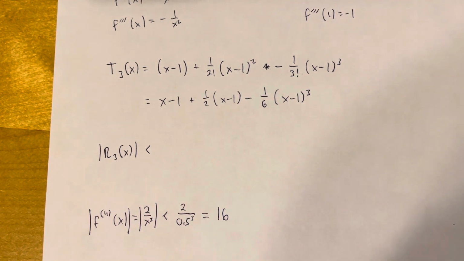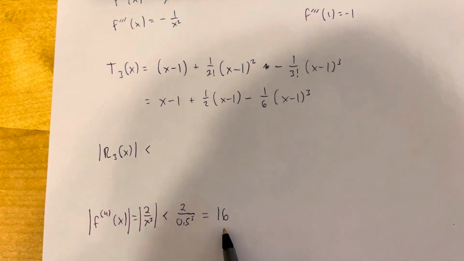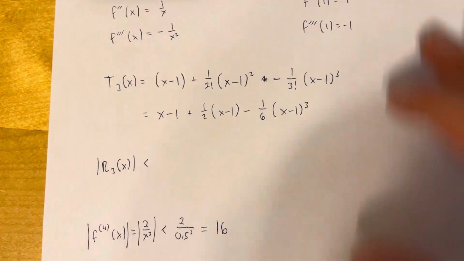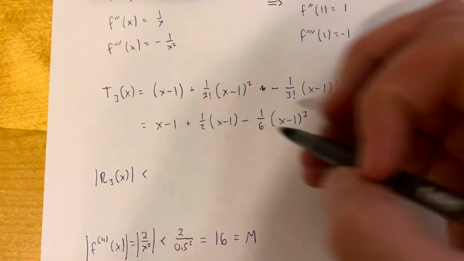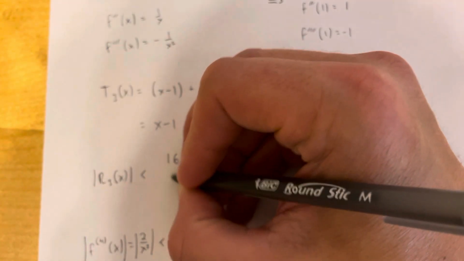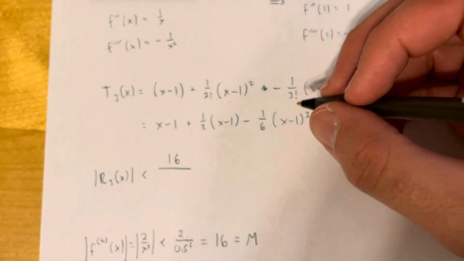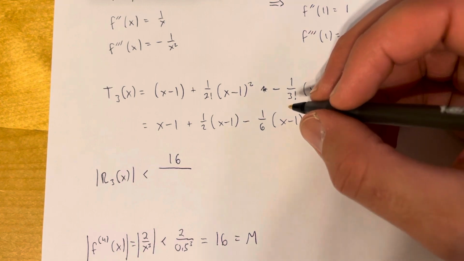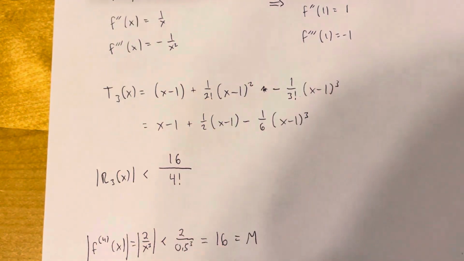Now, what do we need to do next? I need to take that 16 right there and use that as the m in this expression up here. So we're going to have 16 over n plus 1 factorial. Remember, n was 3 in this example, so n plus 1 is 4. I have 4 factorial there.